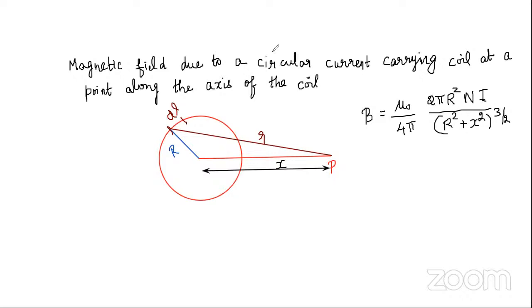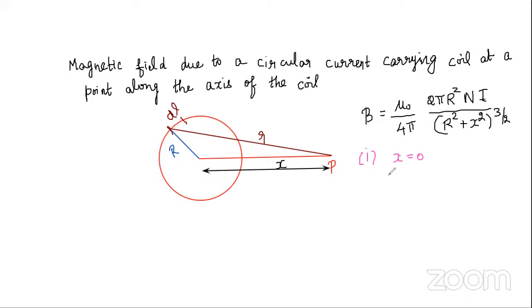Here also we are having different cases. For case 1, x equal to 0. That means this point P lies at the center, because x is the distance from the center of the coil. So in that case, what is the magnetic field?